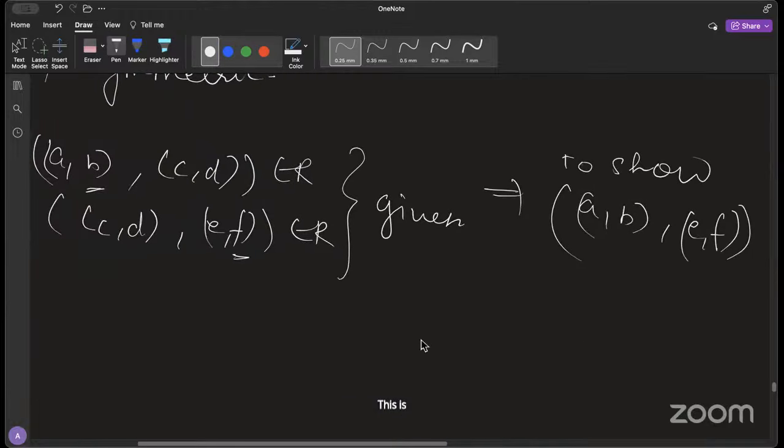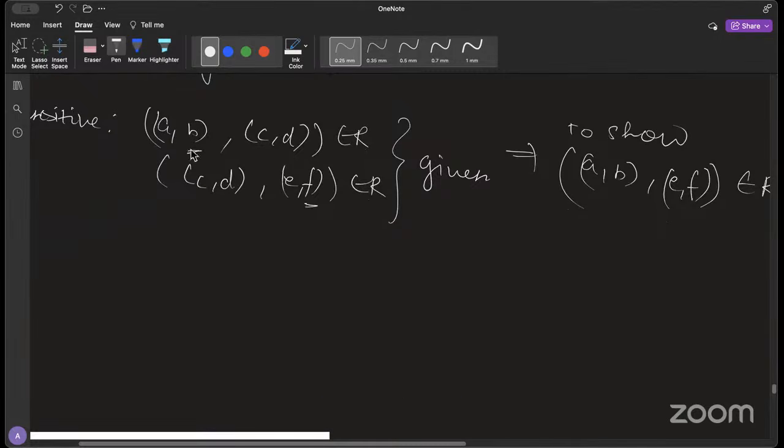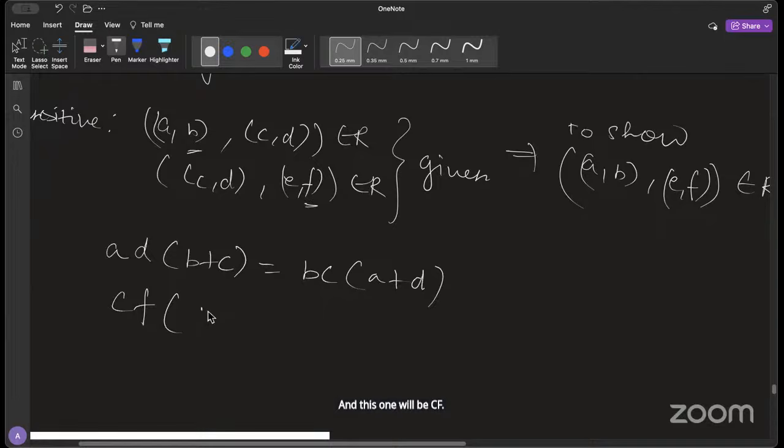This is what you have to show. So let's write the first one in terms of its definition. It will be A, B, B plus C equals to BC, A plus D. And this one will be CF, D plus E equals DE, C plus F, right?